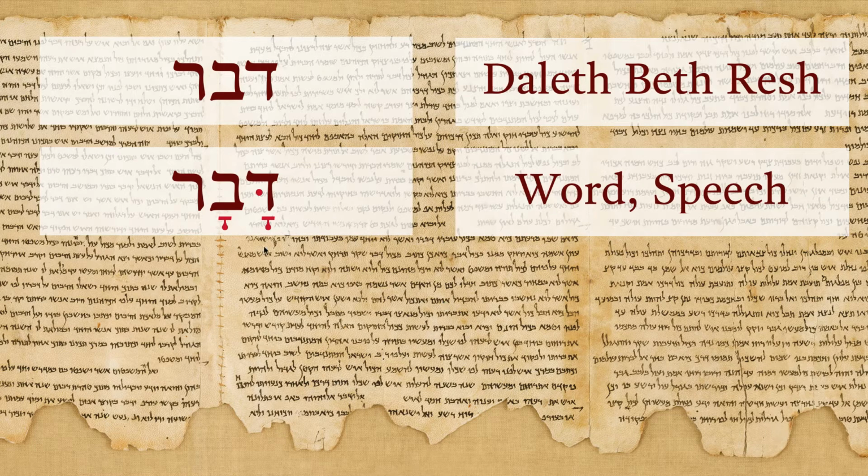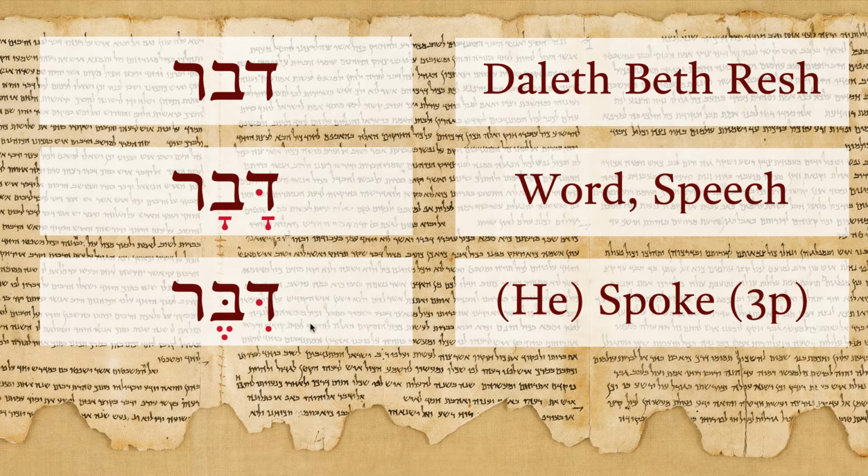If you put the vowels here, this is pronounced as davar, which means word or speech, and this is a noun. But if the vowels are different, this must be read as diber. Earlier it is davar, the ver sound.